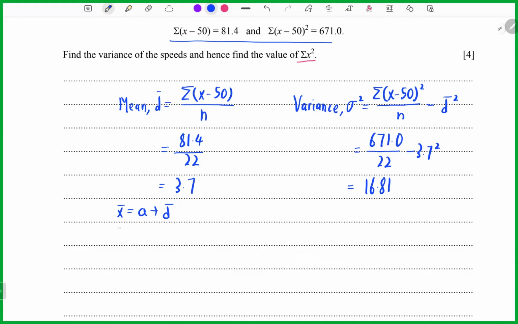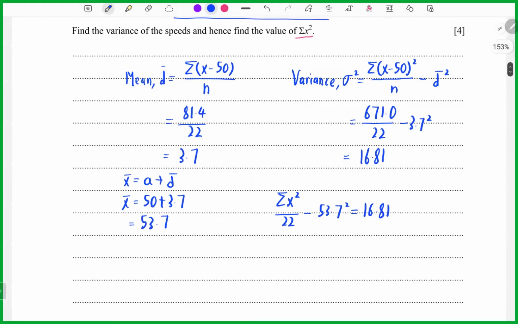Actually a is 15. So we can take 15 plus 3.7, so we will get 53.7. Now we'll look at the sum of x squared divided by 22 minus 53.7 squared equals 16.8. Because as we know, standard deviation or variance is the same, whatever the number in the set is increased or decreased.